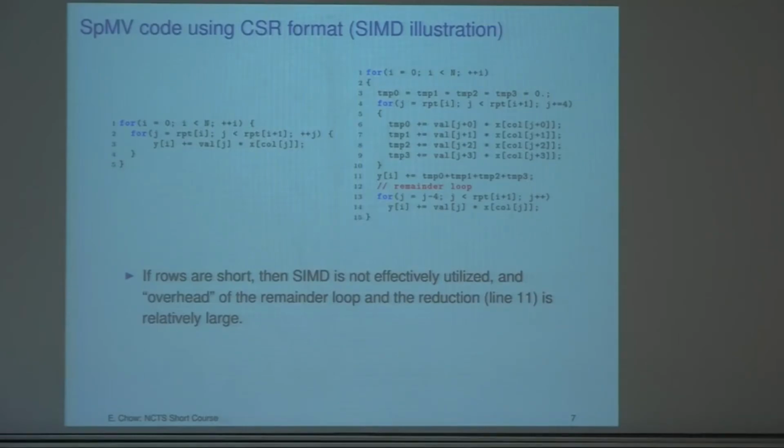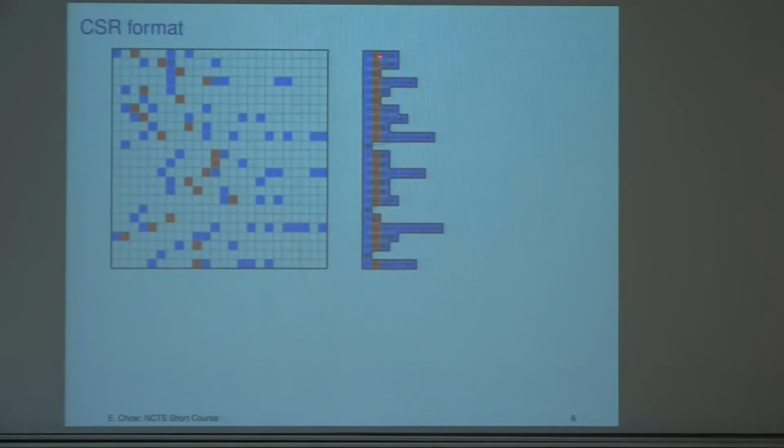So you can see that we want loops to be long. If the loops are short, for instance, as in this picture, we'll do 4 in one instruction, 4 in another instruction. Over here, we just use the remainder loop. Here we do 4, and then we use the remainder loop.